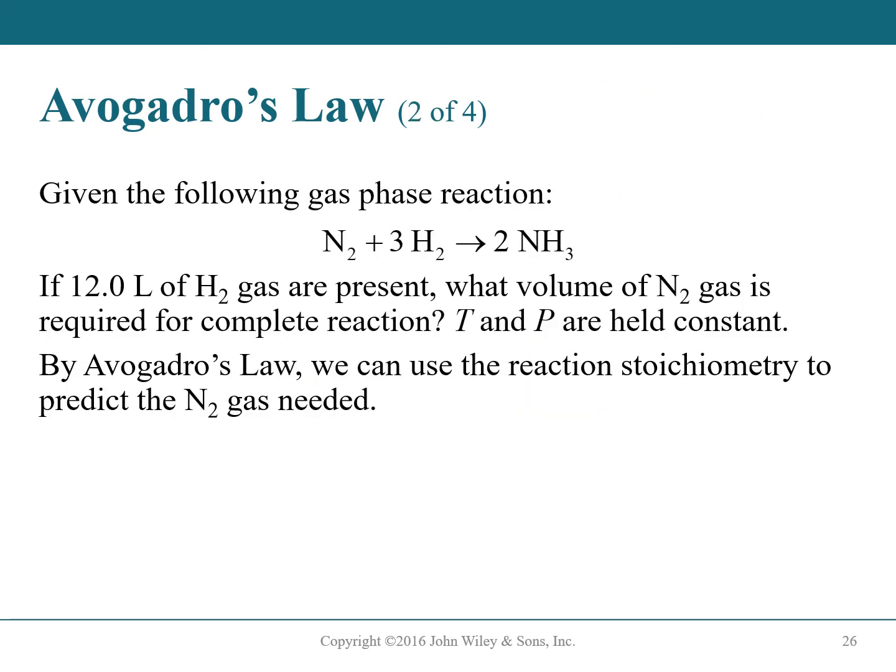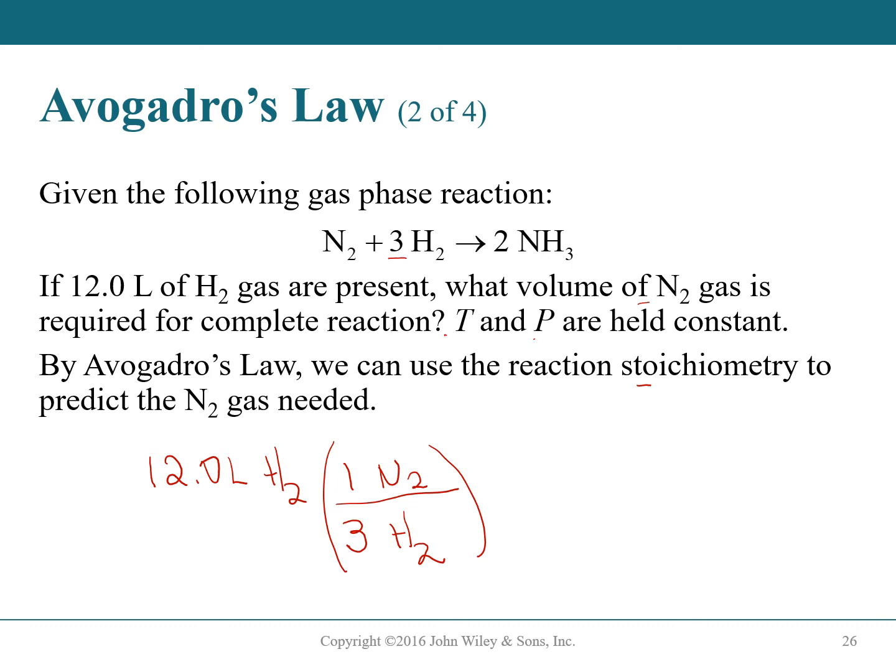Okay, so if we're following this, if my temperature and pressure are constant, they have 12 liters of hydrogen gas. We want to know what volume of nitrogen gas. So all we have to do is use the stoichiometry to determine that. In other words, 12 liters of hydrogen, and we know that for every 3 hydrogens, I get 1 nitrogen.